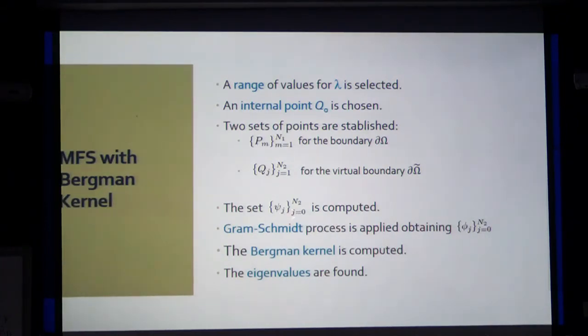From this set of fundamental solutions, we apply the Gram-Schmidt process in order to orthonormalize the system. Then, for the functions obtained after the Gram-Schmidt process, it is possible to construct the Bergmann kernel. The zeros of the inverse of this Bergmann kernel will give us the eigenvalues.